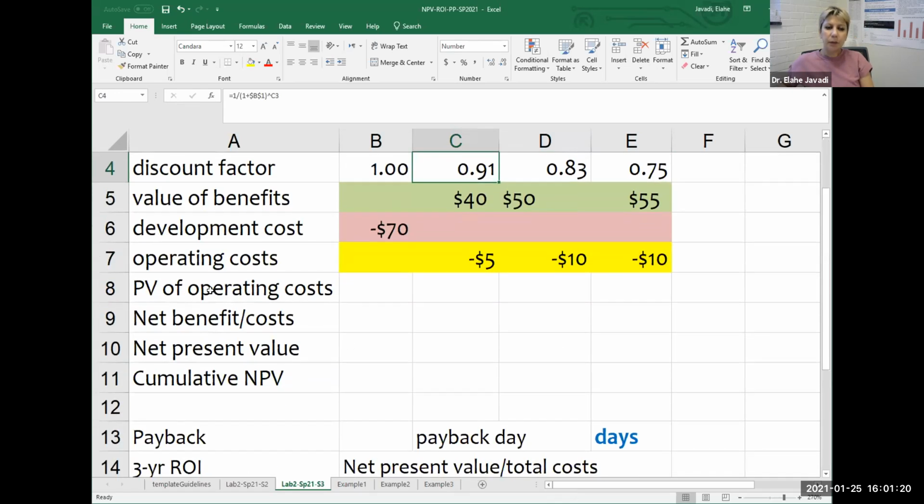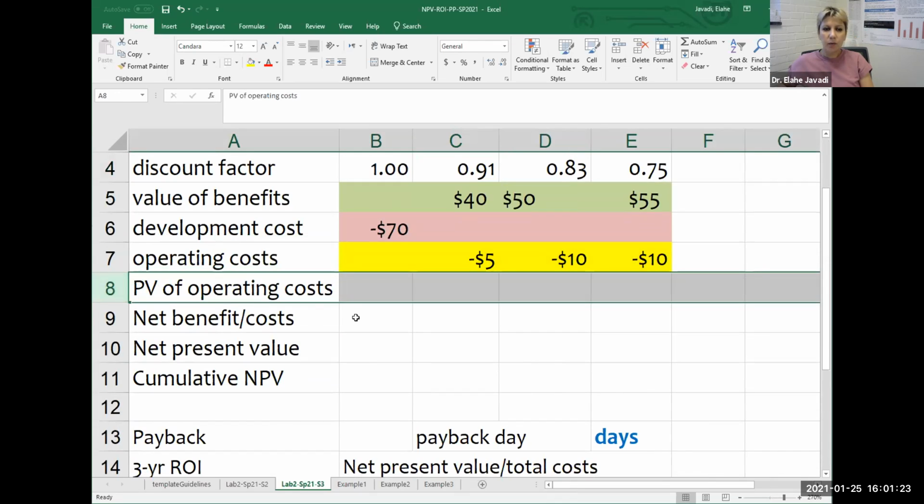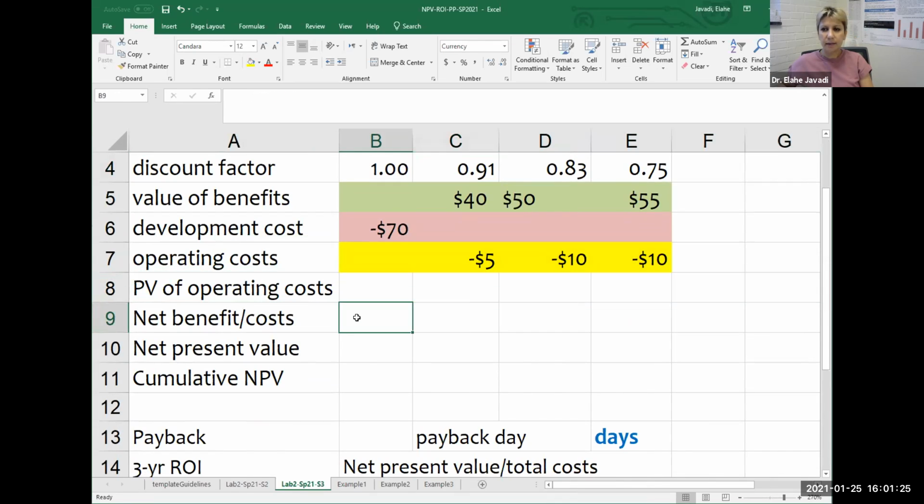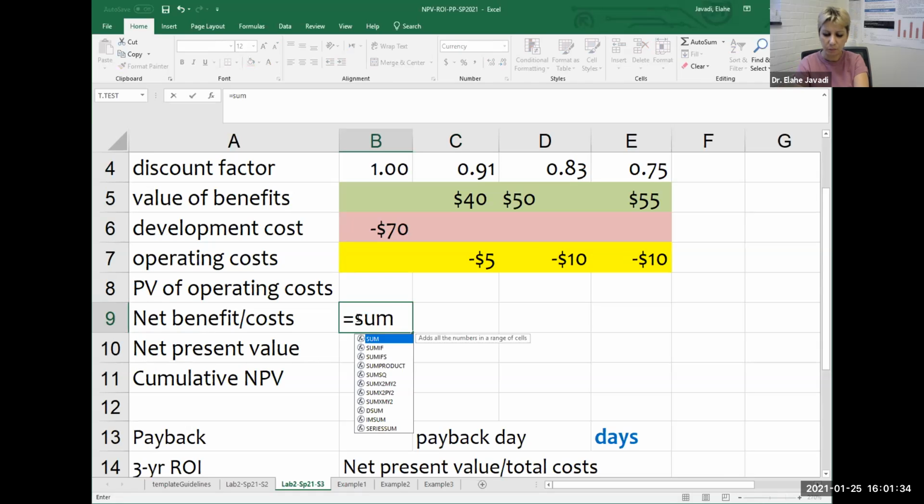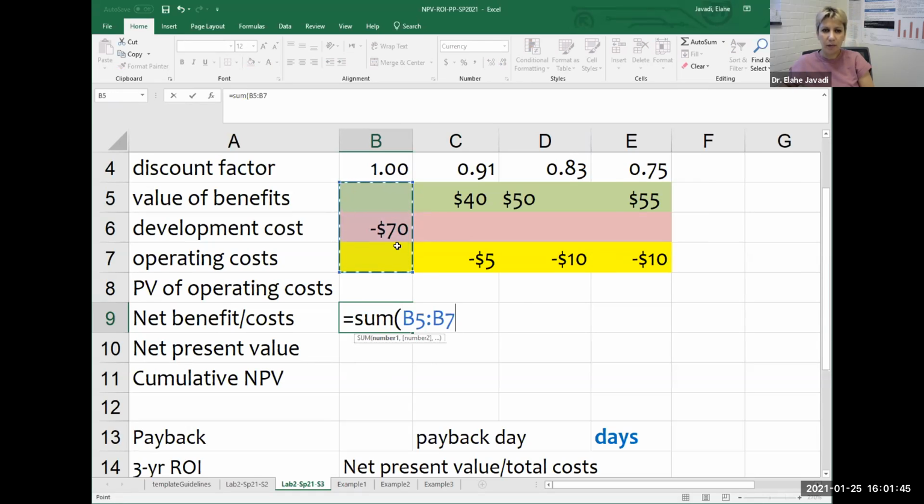So I'm going to skip row 8, class. I'm going to go to row 9. That's net value. Put all the numbers, benefits and costs together. You get one single value. And that's going to be a simple sum. I put the equal sign, sum, parentheses open. I select with my mouse the 3 values: value of benefits for that year, the current year, development cost, and operating cost.